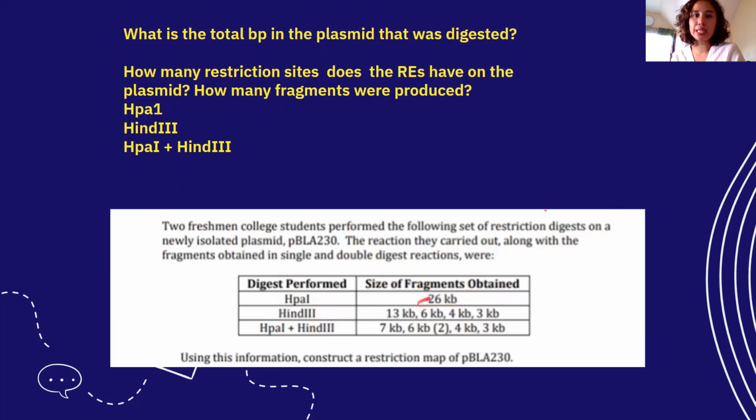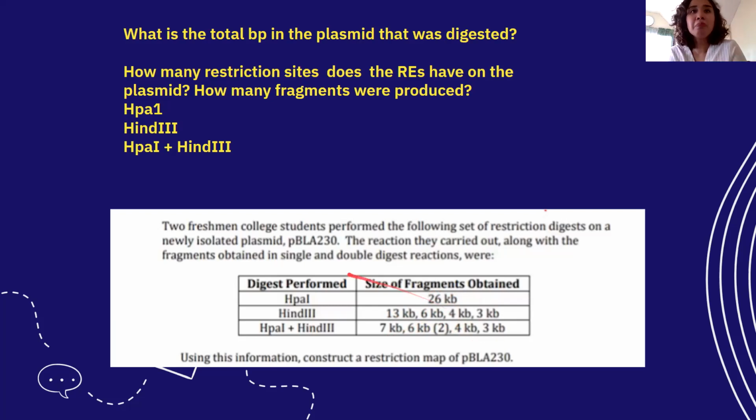So this is the size of the total base pairs of our plasmid, the whole size. If you add these, 13 plus 6 plus 4 plus 3, it will also result in 26. Likewise, 7 plus 6 plus 6 plus 4 plus 3, 26 kilobase pairs also comes out.